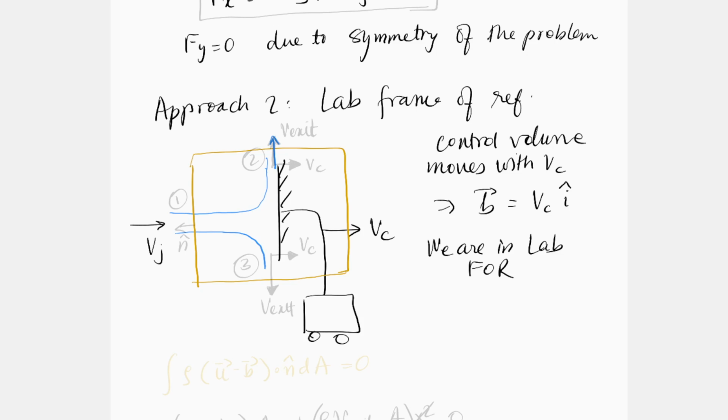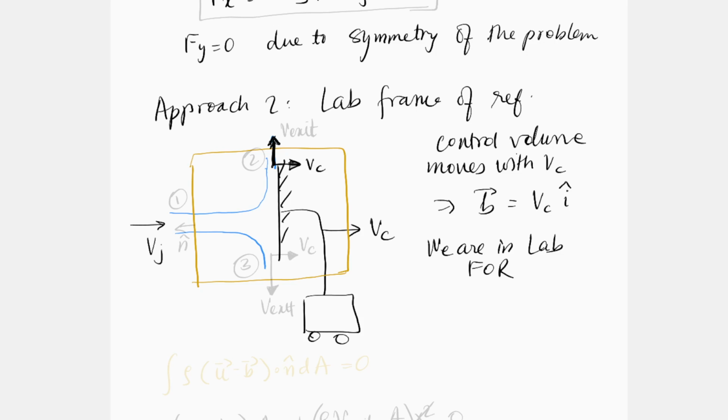Therefore, the momentum at the exit as seen from the lab frame of reference will have a component of velocity equal to Vc, because when the jet strikes the plate, water cannot enter into the plate by the no penetration boundary condition, and thus the water must possess the same velocity at the exit in the x direction as that of the cart.